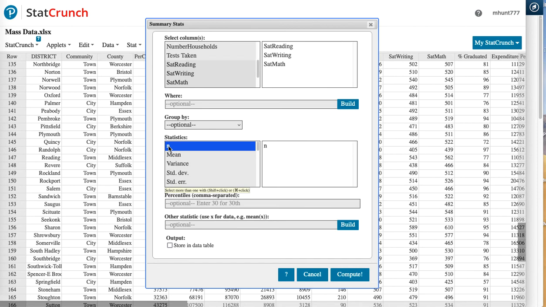I want the mean, and I want the standard deviation, which is not shown on a box plot. I want the median, and I want the min, the max, the quartiles, and I want the IQR, and that's quite frankly all I'm interested in.